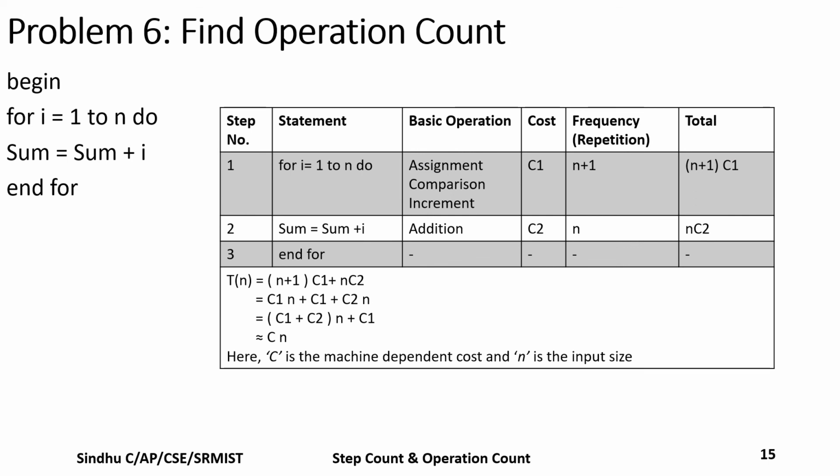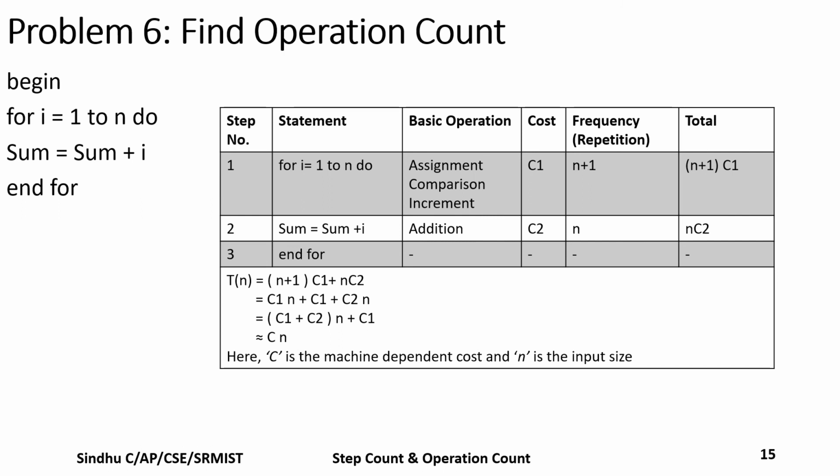Now we have another problem. Here you have a loop: for I is equal to 1 to n, do sum is equal to sum plus I, end for. Here again we plot it in the form of a table. We have these three significant steps.